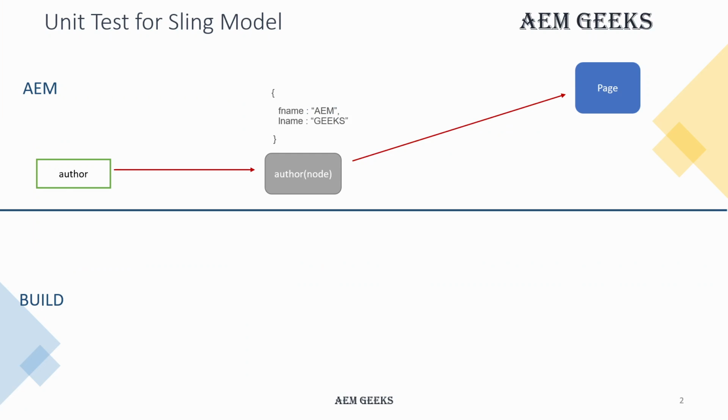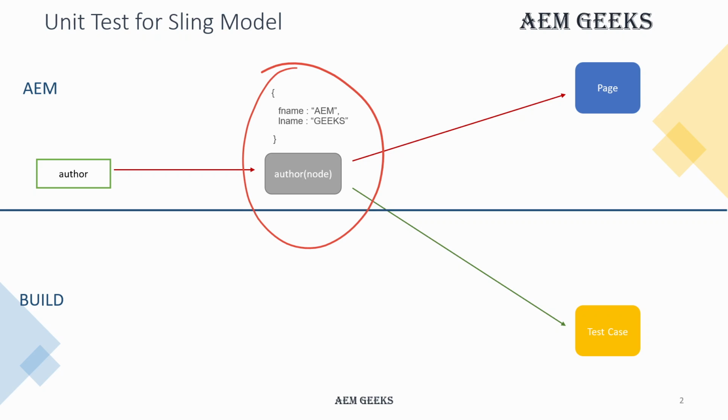While writing a test case, suppose this is the happy path for AEM when you are running things in AEM. When you write a test case, that resource should be available to the test case, because all the methods of this Sling model get their values from this resource.